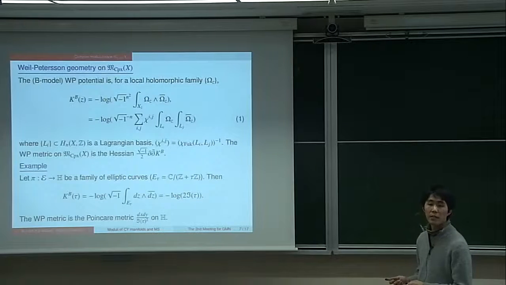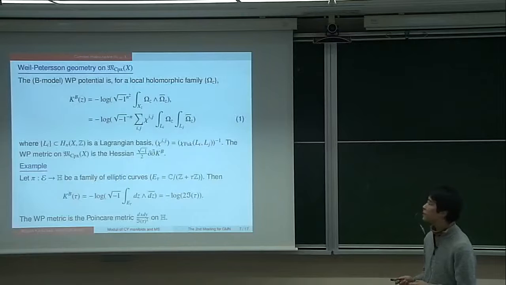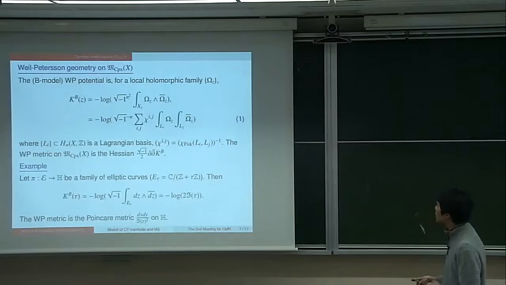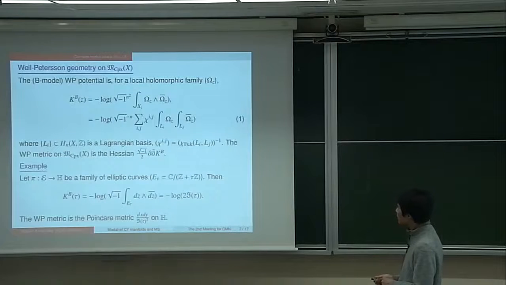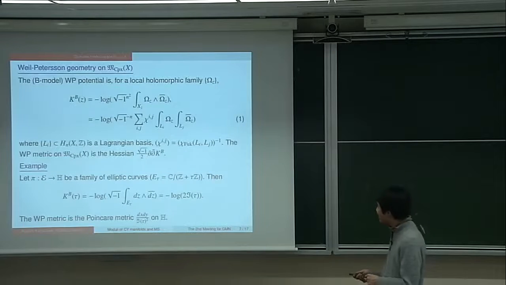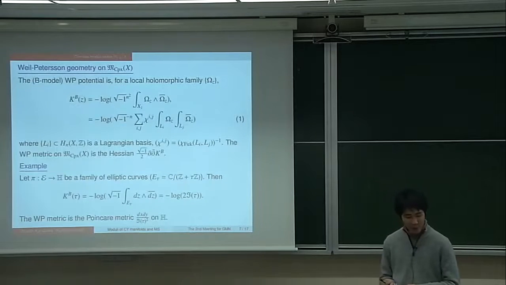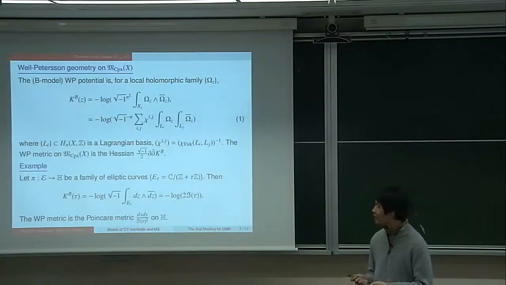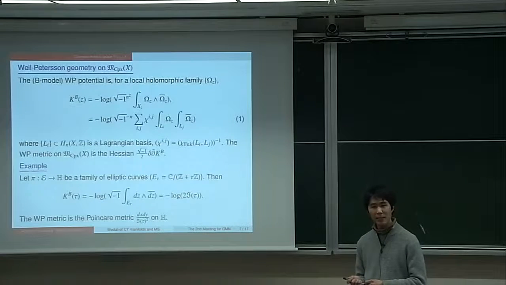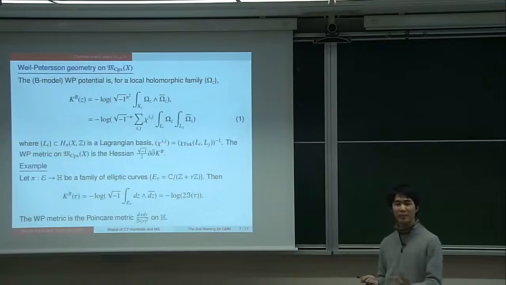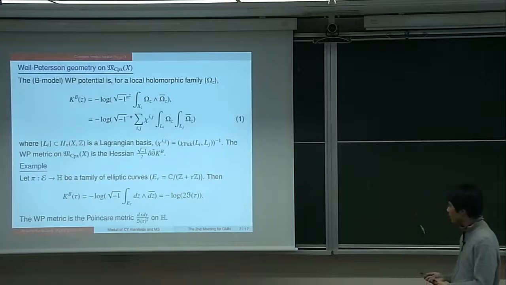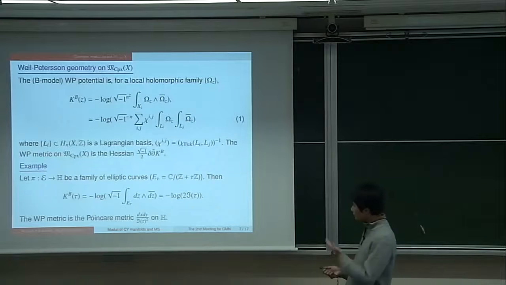Invertibility? We can assume it. From the mirror symmetry point of view, it's trivial, but can I directly see the invertibility? Yeah, that's a good question. Maybe not this time, but sure. It should follow.